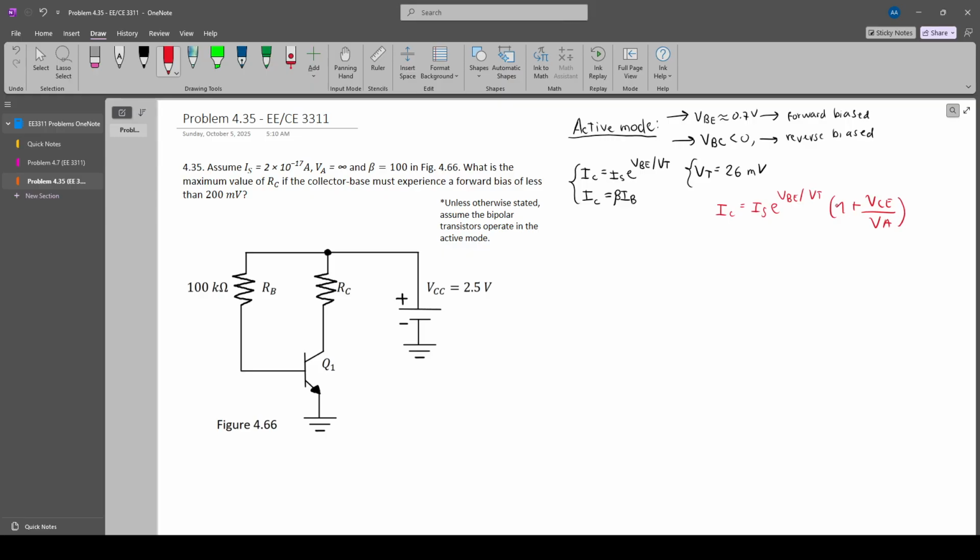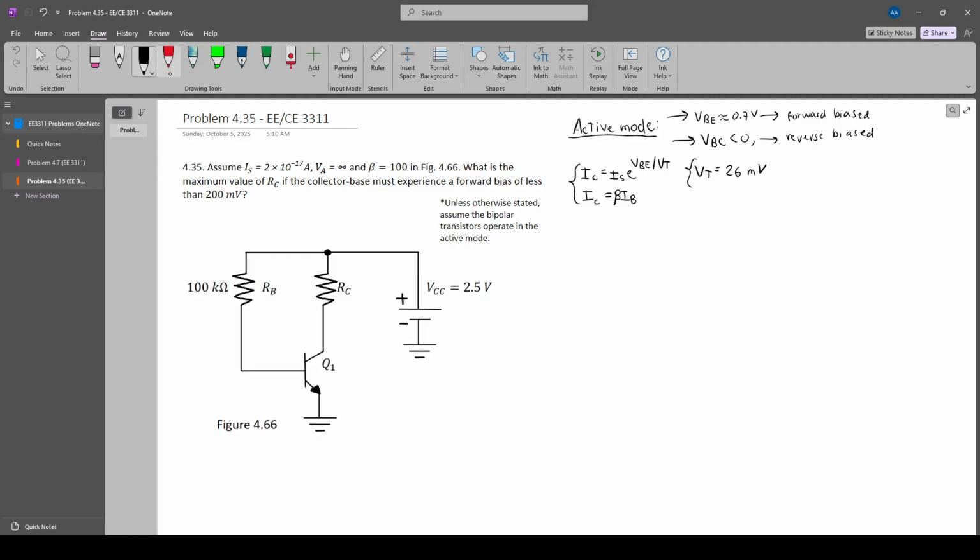This is the real expression, but since they're telling us that the early voltage is infinite, then this fraction will tend to 0, and the whole factor will tend to 1. So this is not considered, and we're just working with this part, right? So that's a good thing. It makes this problem easier.